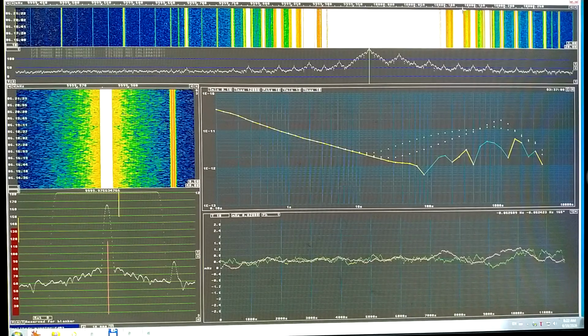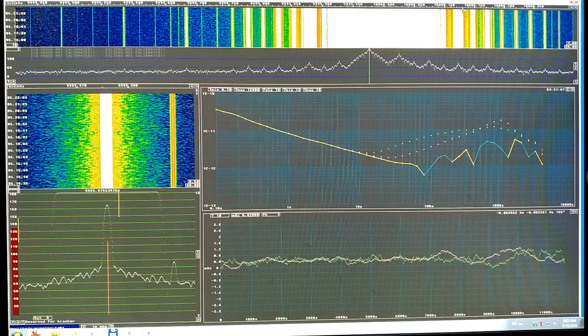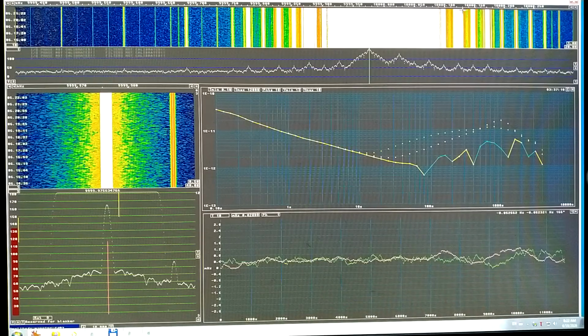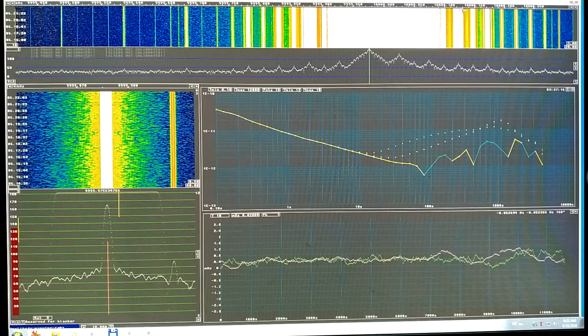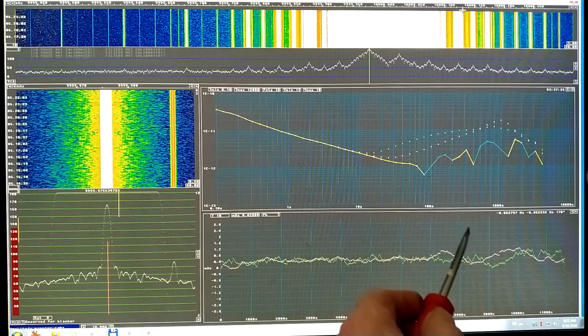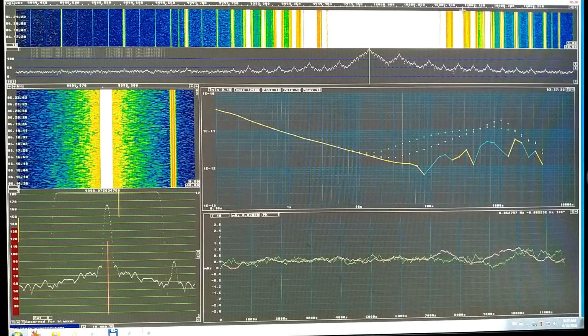I don't know what that might be. The frequency of this could be associated with the time constant of the PLL loop. The temperature changed and affected the oscillator, and then it makes some oscillations.